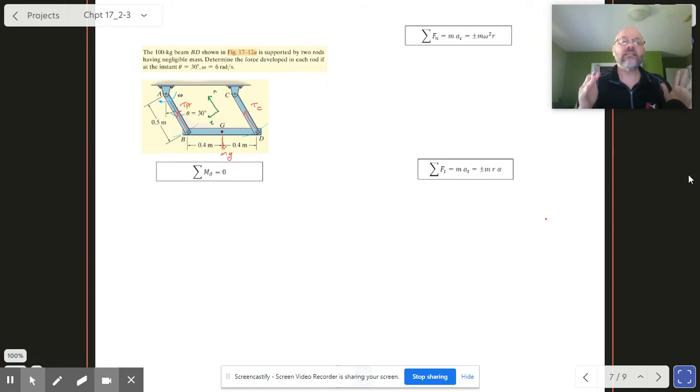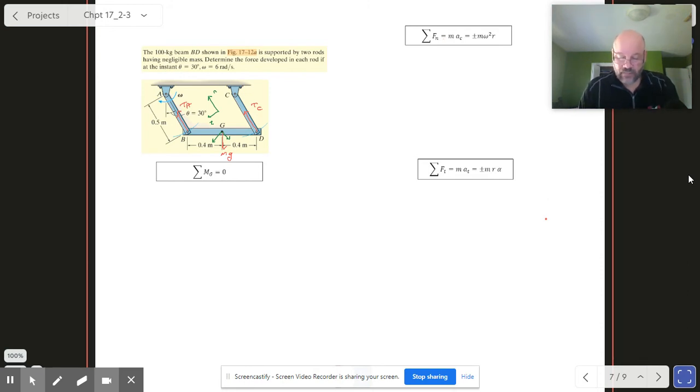But take a look at mg. You can see mg, we're going to have to split into components. So I'm going to need here a tangential component for mg, and I'm going to need a normal component for mg as well. Okay, and that normal component for mg will have to be negative.